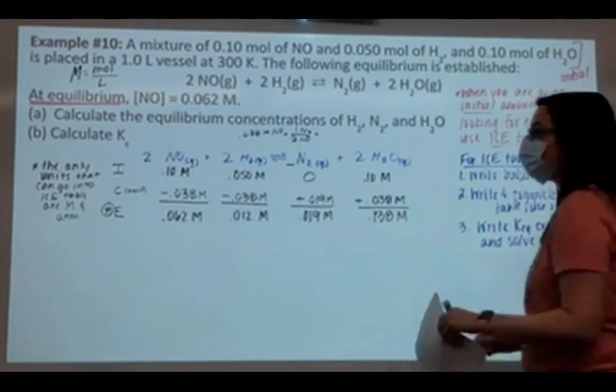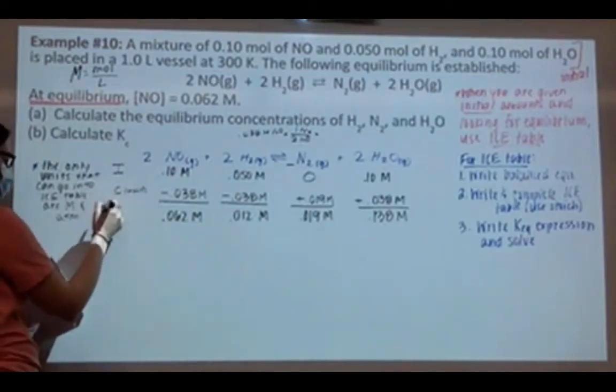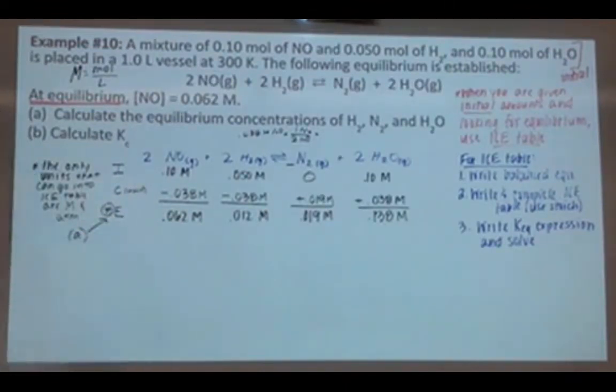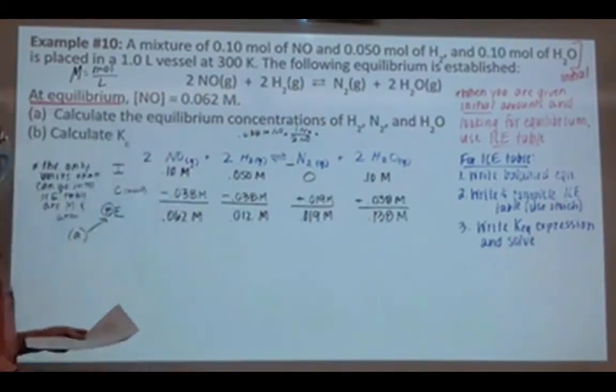So actually for part A, calculate the equilibrium concentrations, we just did that. Here's part A. We calculated the equilibrium concentrations because they came out of the ICE table. Those are all the equilibrium concentrations of the products and the reactants.